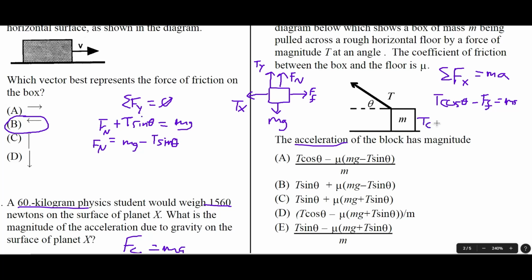T cosine theta, I have to replace the Ff with mu times Fn, which I already have here as mg minus T sine theta. Starting to lose some room here. And I'm also going to divide by the mass because I want to get the acceleration by itself. So I just find the choice that matches this. Might take a bit. I think the answer here was choice A.